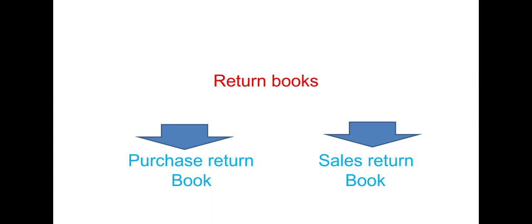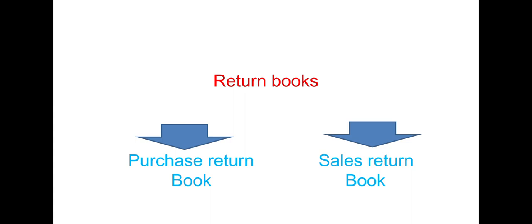And same for sales return. Suppose we sell goods to our customer, that is called sales. And if our customer returns the goods to us due to any reason, then that is known as sales return. So purchase return and sales return transactions should be recorded in their respective books.